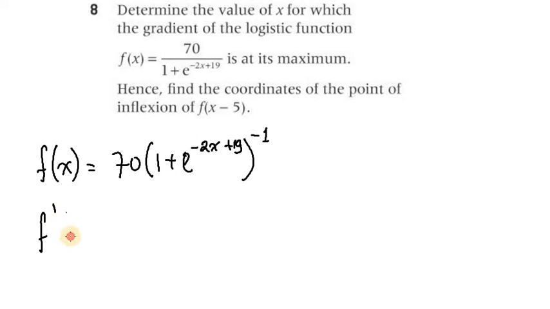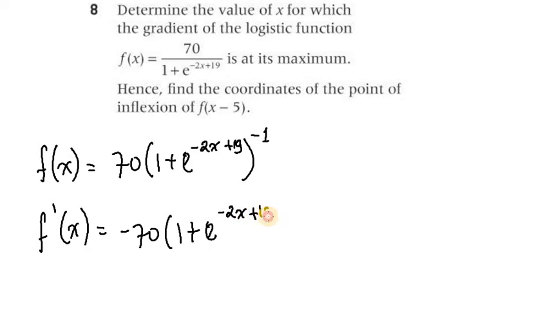So f'(x) equals negative 1 times 70, negative 70, the same content in the bracket, (1 plus e to the power of negative 2x plus 19) to the power of negative 1 minus 1, negative 2, times the derivative of the bracket.